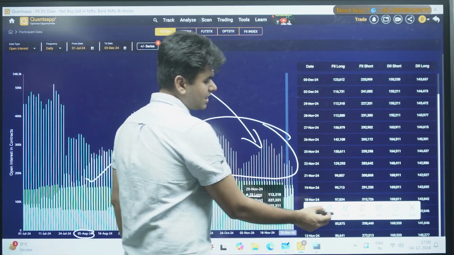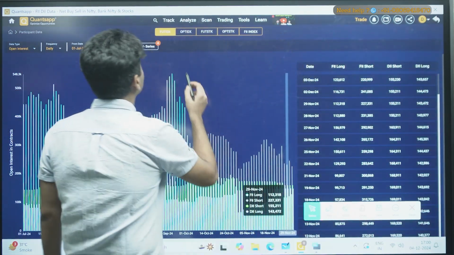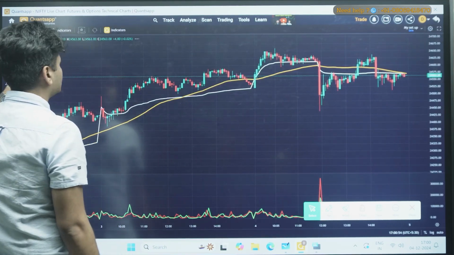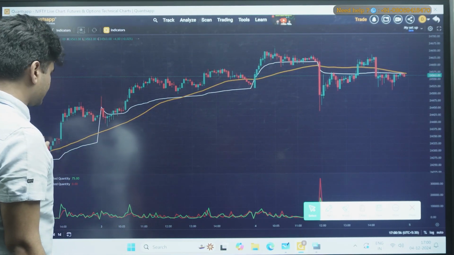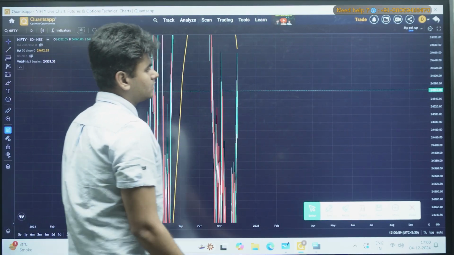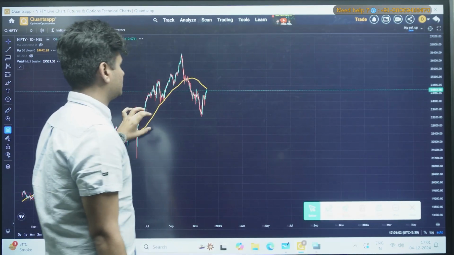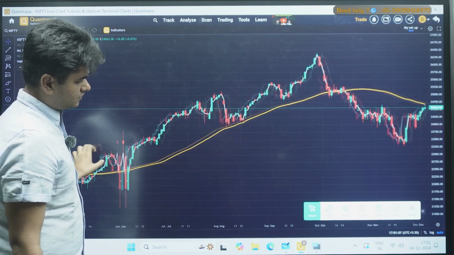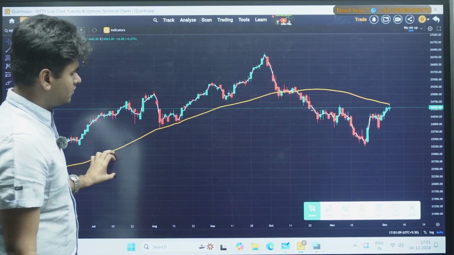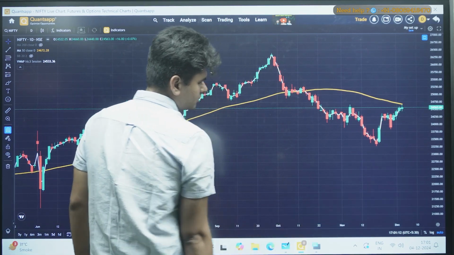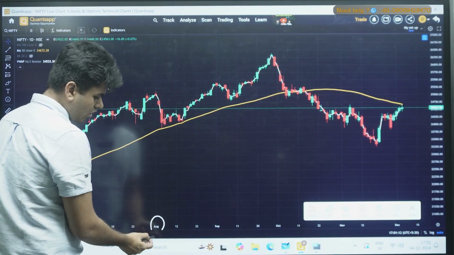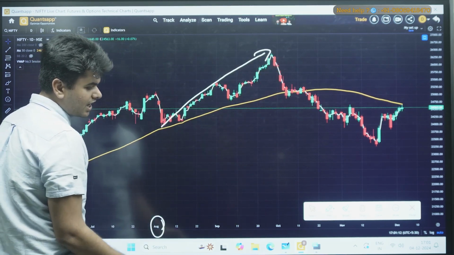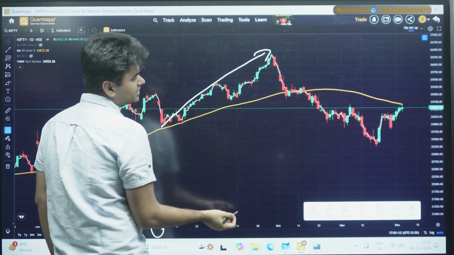So now we'll take the example and check it out in the chart. I'll put it to day wise. As you can see, from August we are seeing FII buying. And as I said, in mid-October the FIIs started to sell.